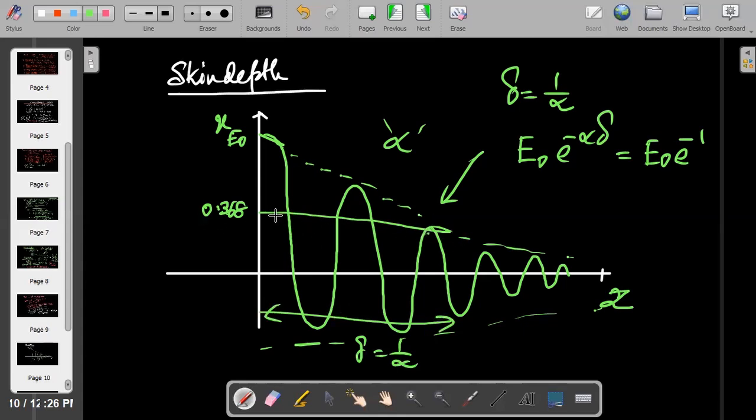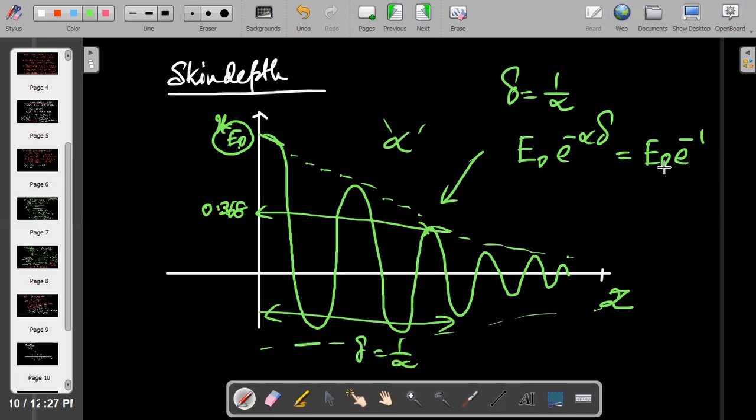So what is the meaning? Up to this distance, 36.8 percent, your amplitude is decreasing. Okay. So, can you once again tell what is skin depth? Skin depth is the distance after which your wave amplitude E naught decreases to 0.368.